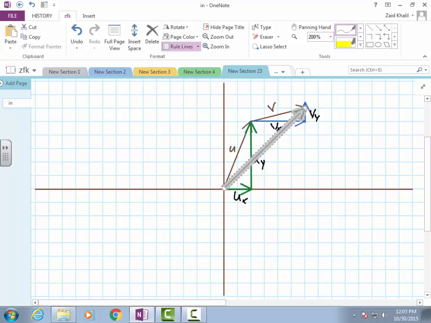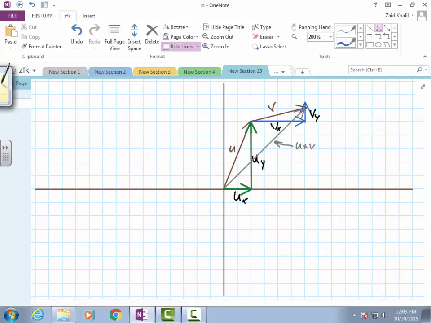But of course, that vector, u plus v, can be broken up as well. This is u plus v. And how can you break up that vector? But be careful. Let's first break it up formally. That vector is that plus this.